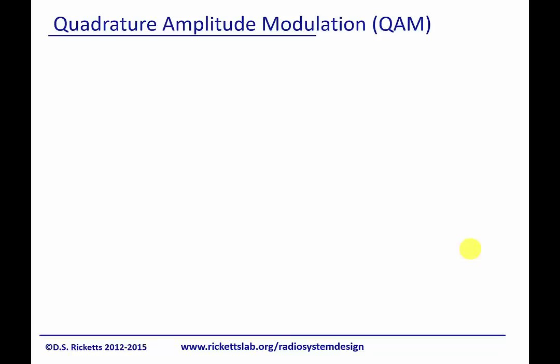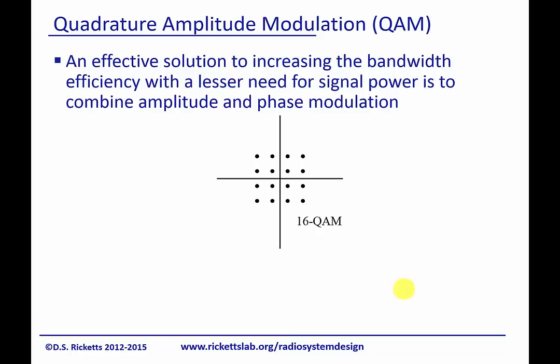So let's talk about quadrature amplitude modulation, or QAM. This is probably the most popular type of modulation for higher order modulation. An effective solution for increasing the bandwidth efficiency is to combine both amplitude and phase modulation. I've shown you an example of 16 QAM here, where here's the in phase and here's the quadrature.